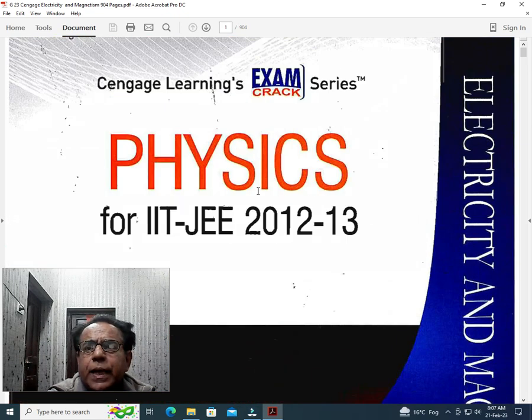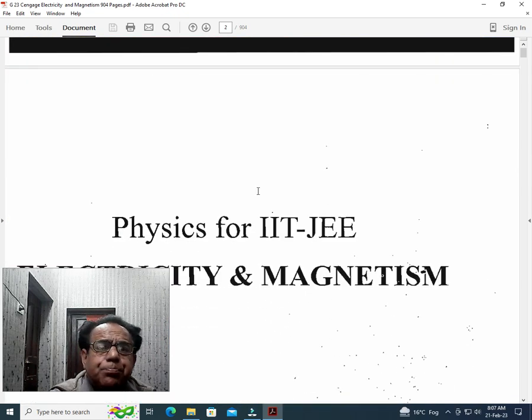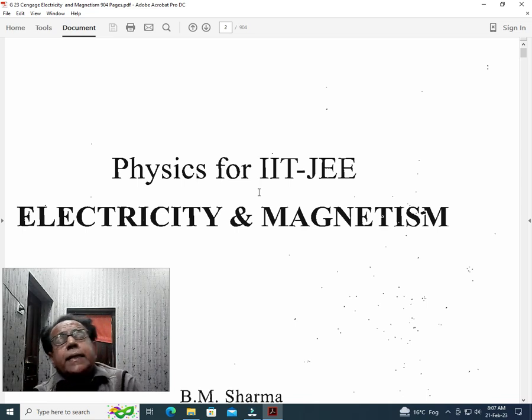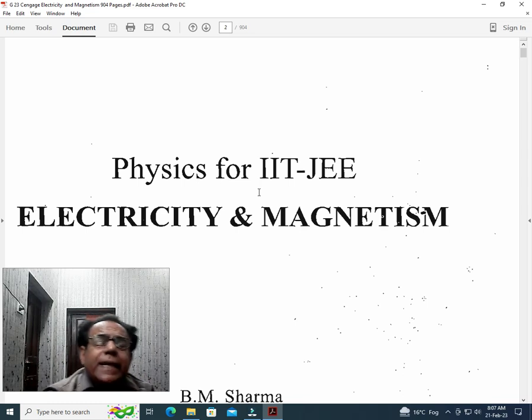Electricity and magnetism. Actually, dear students, electricity and magnetism is almost a prerequisite for electrodynamics. Electricity and magnetism or electromagnetism is taught in the early semesters of BS physics, in the starting semesters, while electrodynamics or classical electrodynamics is taken in the subsequent semesters.